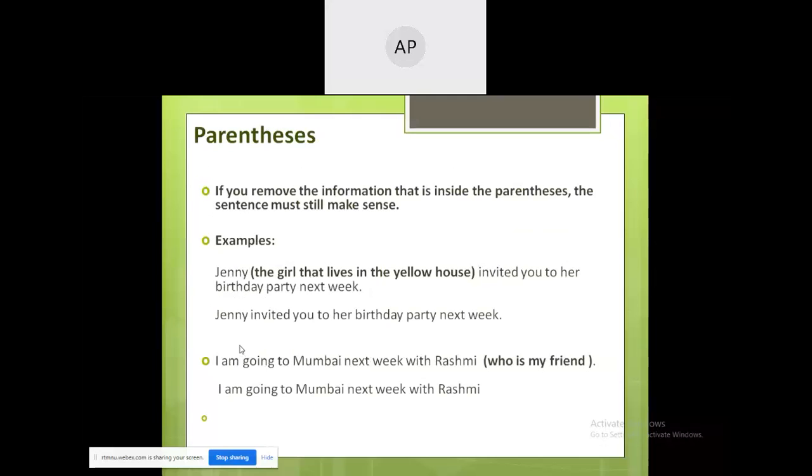Okay, yeah. If you remove the information that is inside the parenthesis, the sentence must still make sense. Always remember you are putting the extra information in the bracket. You cannot put an integral part of the sentence in the bracket, or your sentence will turn wrong.